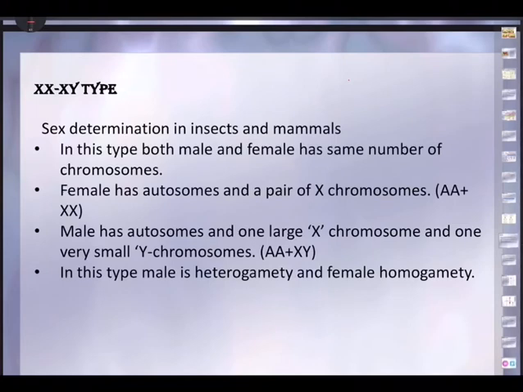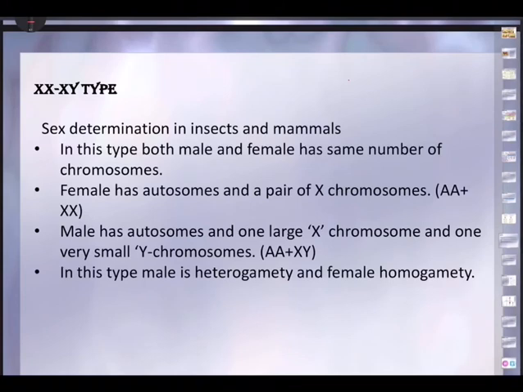So this becomes a male. So which chromosome will decide whether the zygote is going to become a male or female? It is presence or absence of Y chromosome. If Y chromosome is present in the zygote, it is going to be a male. If Y chromosome is absent, it is going to be a female. So Y chromosome is the deciding factor.